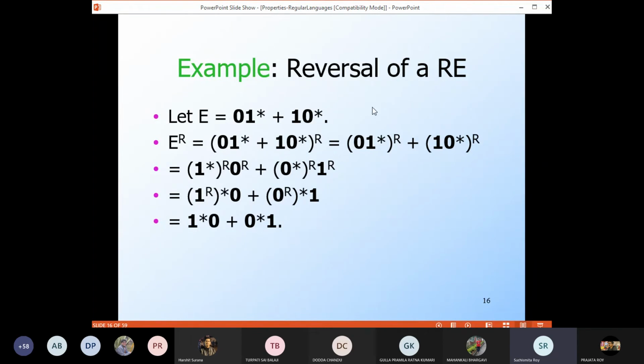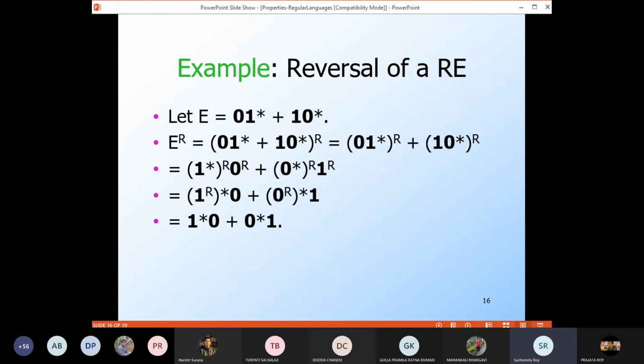Enumerate strings of length 1, strings of length 2, strings of length 3, and so on. And for this reversed expression, you enumerate the strings of length 1, 2, and 3, and see if you are getting the strings in reverse order. So this is going to give you the reversal of a regular expression which produces the reversed strings.